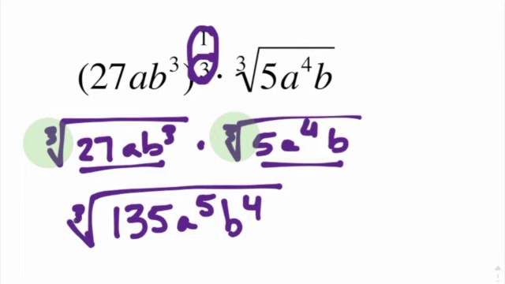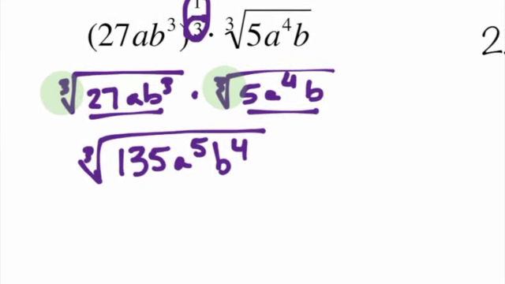Okay. Now, one more thing that you'll have to be aware of is what we just did in the previous section, that now that it's a third root, I can actually simplify all of these. Now, unfortunately, like the first few examples, the number here is not a perfect cube root, because we do have to worry about the cube root here. 135 is not a perfect cube root.